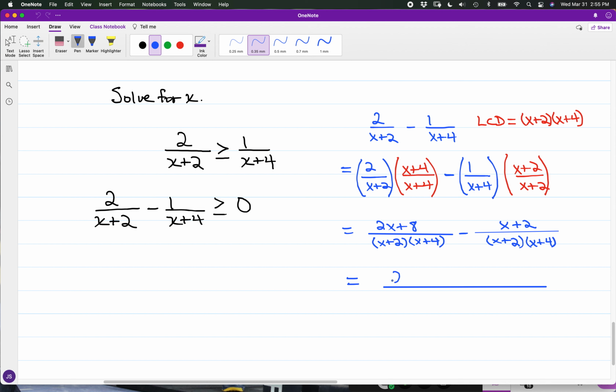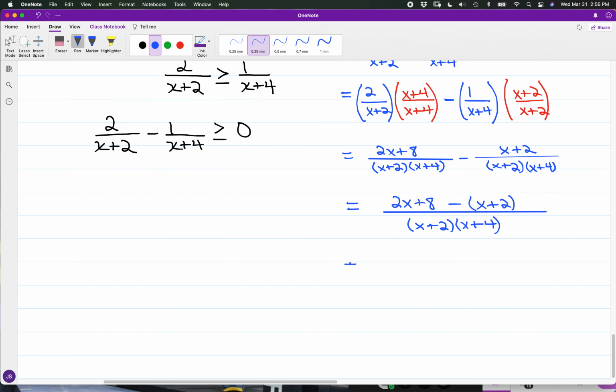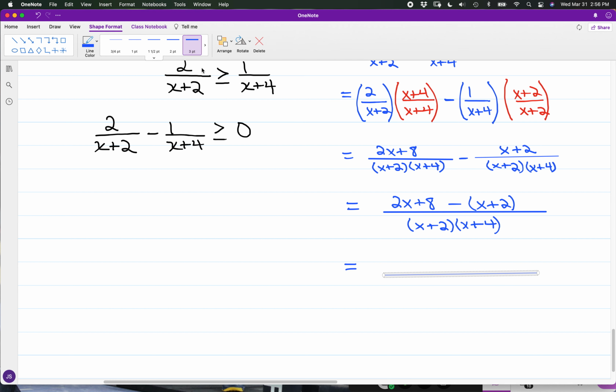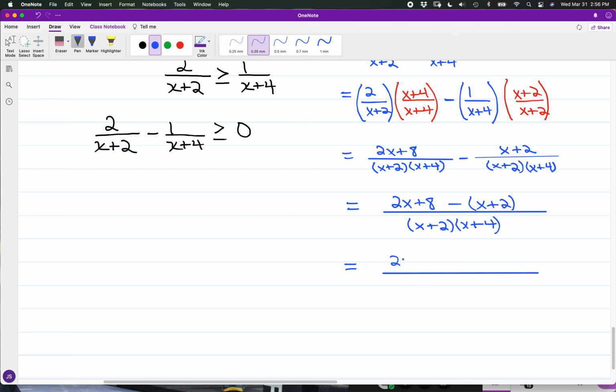Here we have 2x plus 8, and the subtraction is going to affect all of x plus 2, so we have negative x minus 2, all over the quantity of x plus 2 times that of x plus 4.